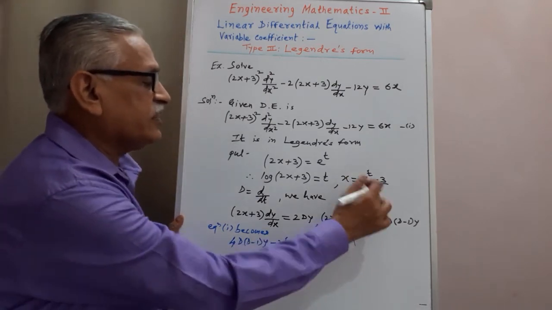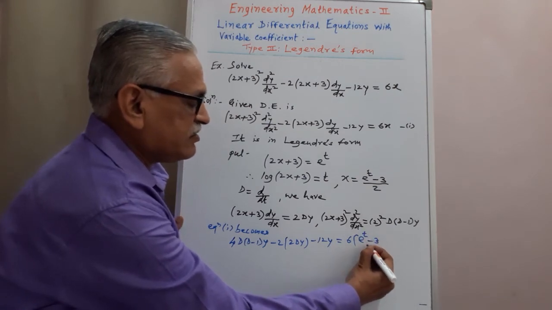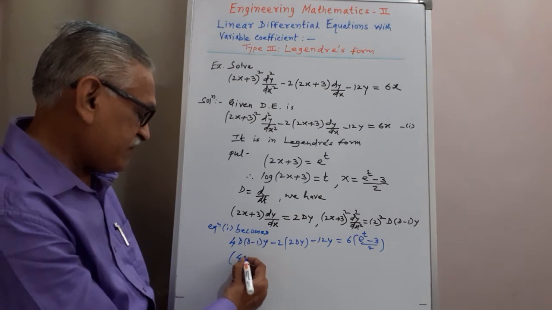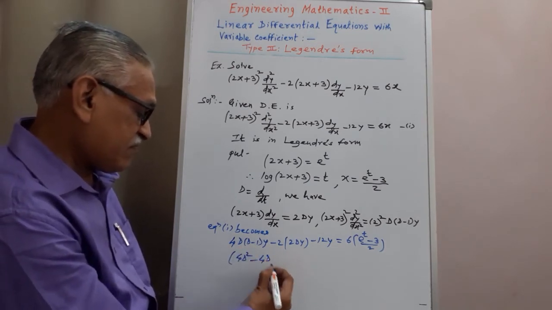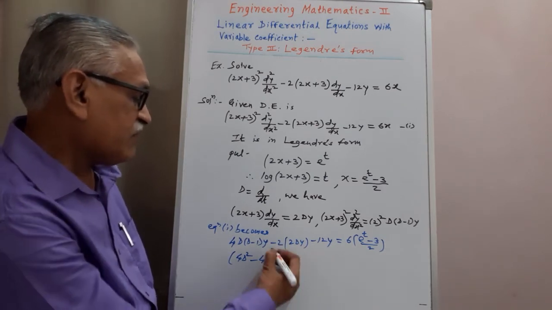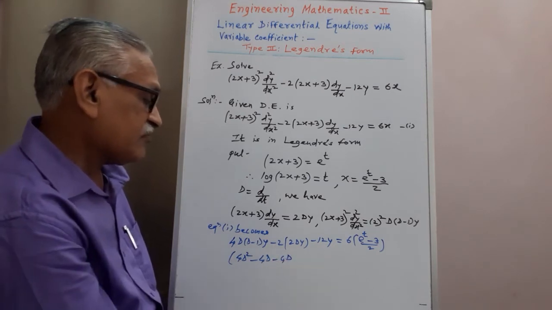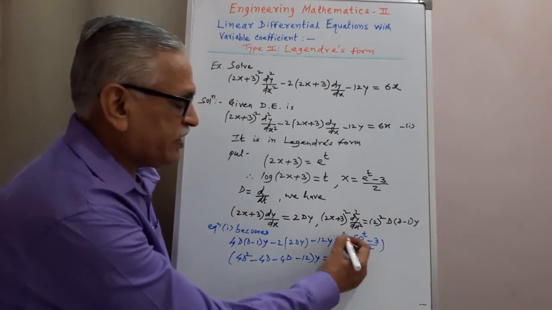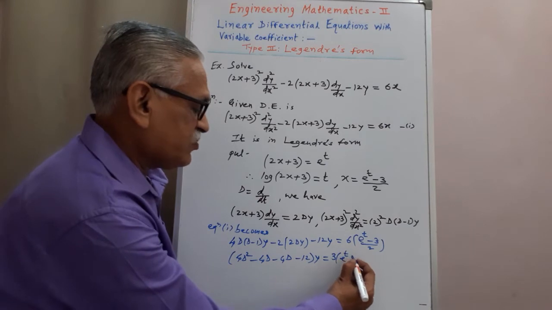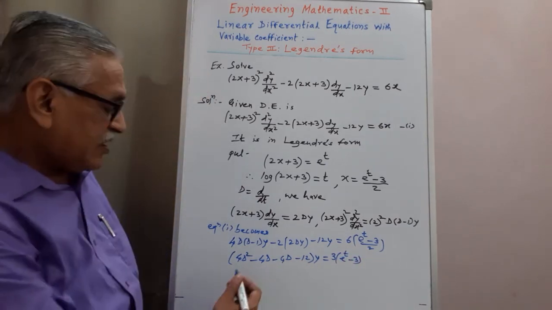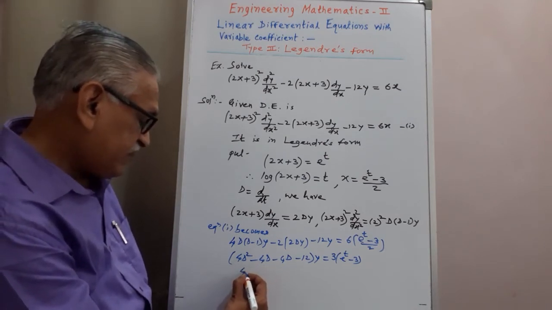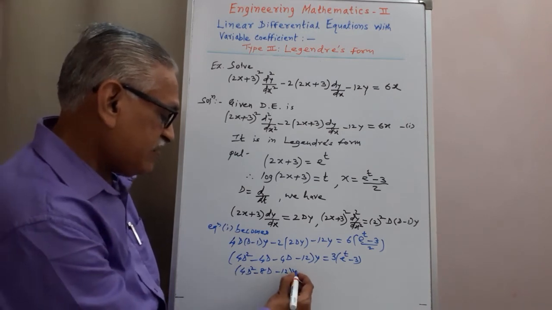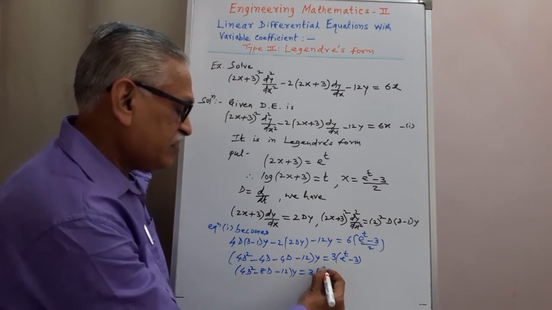The value of x is (e^t − 3)/2, and therefore taking y common, it is (4D² − 4D − 4D − 12)y, dividing by 2 on the right we get 3 times (e^t − 3). It is (4D² − 8D − 12)y = 3(e^t − 3).